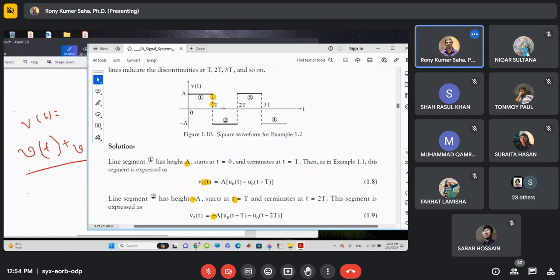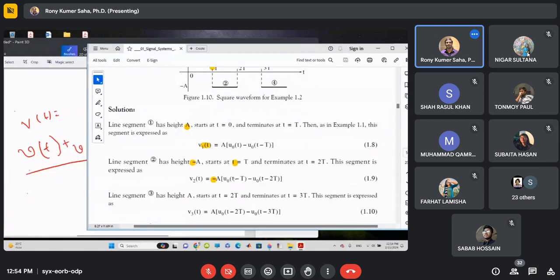And for b2, you start from T and end at twice T. So u(t minus T) minus u(t minus 2T). The magnitude is negative, so there should be negative values.